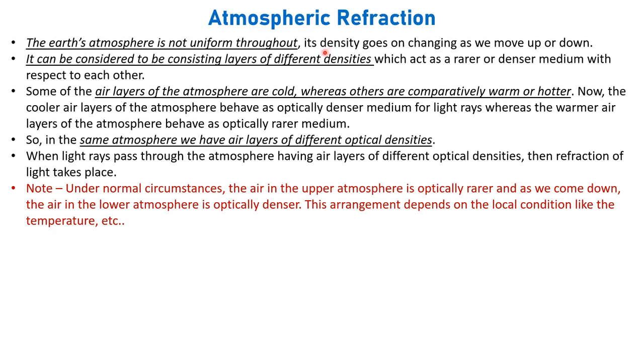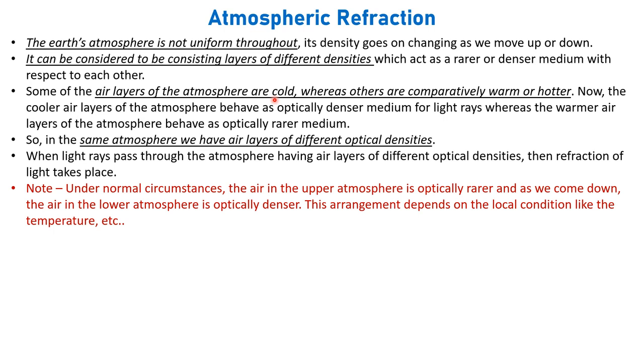So let's see the other concepts. The atmosphere can be considered to consist of layers of different densities, which act as a rarer and a denser medium, right? Then some of the air layers of the atmosphere are cold. Children, here I want to ask you one question.